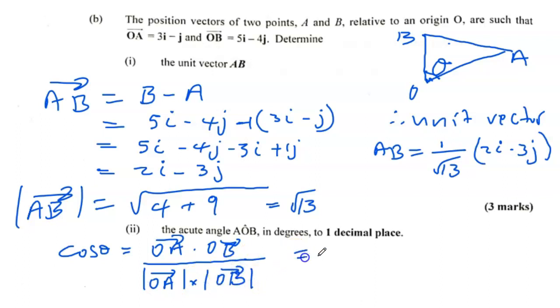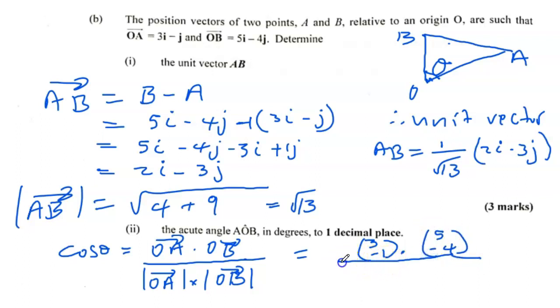So we can just put it in column form already. Let's put OA in column form. OA is 3i minus 1j, so 3, -1, that product with OB. OB is 5, -4, in column form, 5, -4.